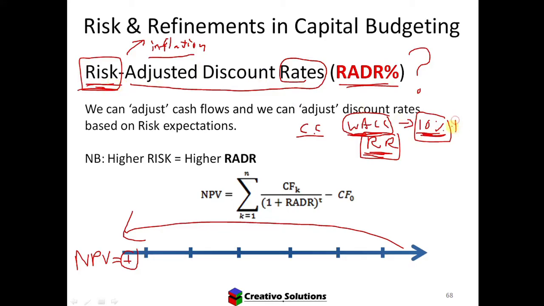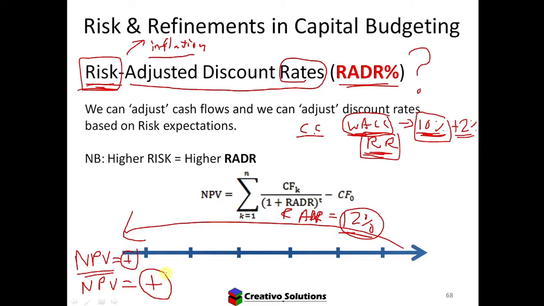I'm going to add a 2% risk premium. So I'm going to discount, instead of WACC, at the RADR, and I'm going to use 12%. If I use a bigger rate, I'm going to get a smaller NPV. If I'm using 12% and I'm still getting a positive NPV, well, this project that I'm going to invest in is still going to perform even if there is risk attached to that project. Does that make sense?